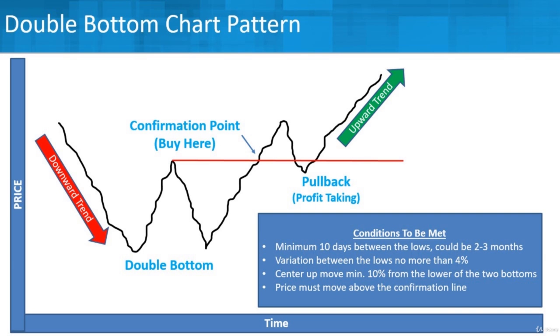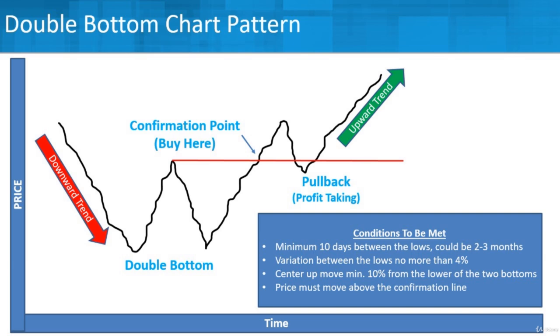And the variation between the lows is no more than 4%. They truly are within each other, very narrow. If you draw a line along the bottom, they're very close to that support line. So it actually looks like a W. It doesn't look like a lightning bolt that keeps going downward. It looks like a W that's formed there.